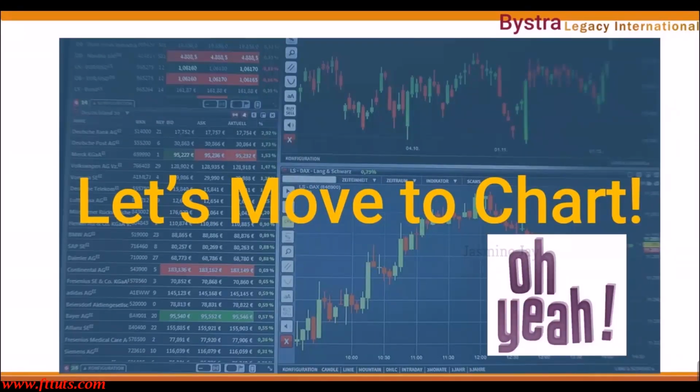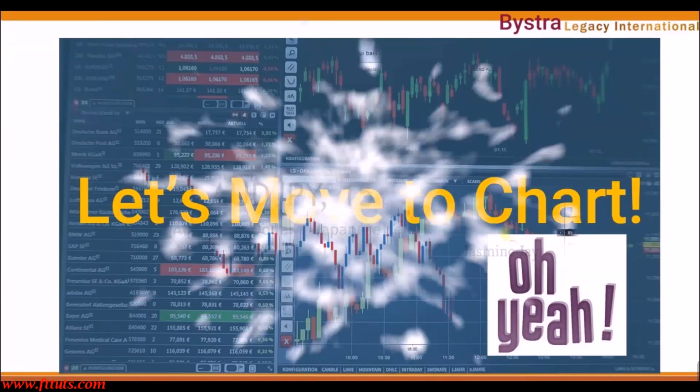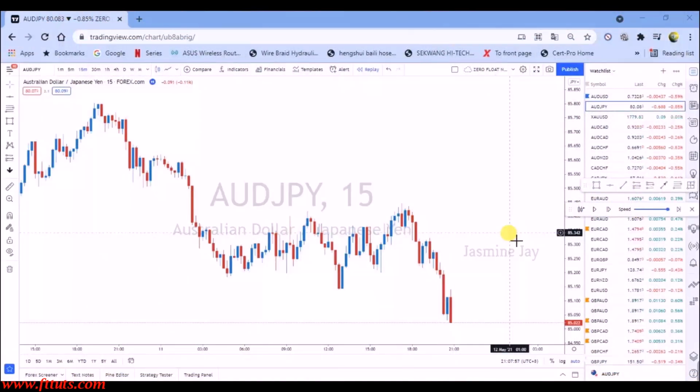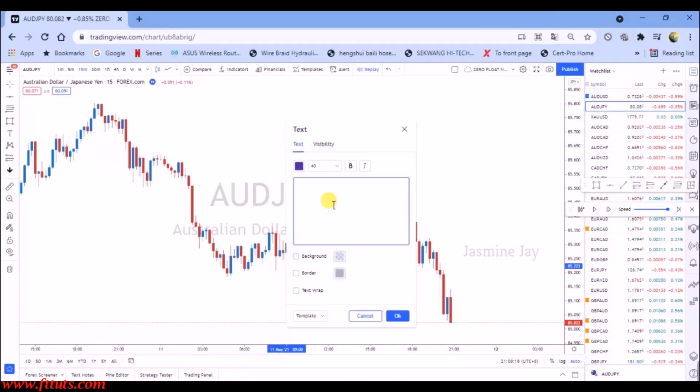Alright, so let's move to the chart and I will show you some setups with a good confirmation. Let's go guys! Guys, we are back on our TradingView chart. Here we can see the pair AUD/JPY on the M15 chart, there is a potential QM manipulation setup. First, let me mark for you the supposed QM structure, which is the low.